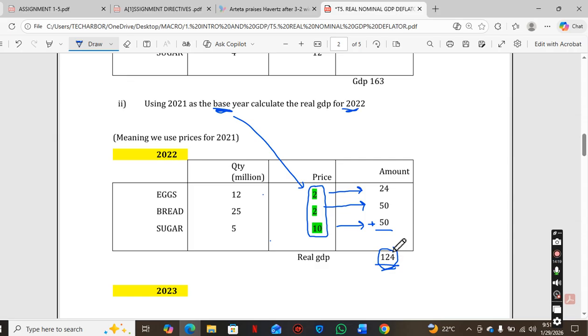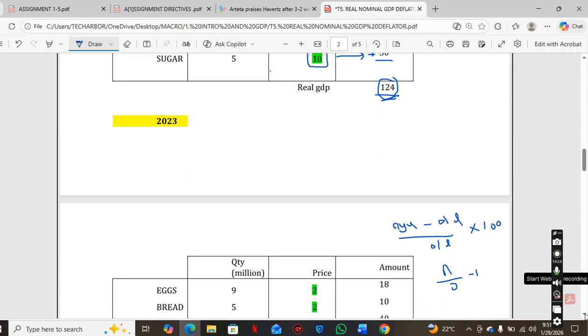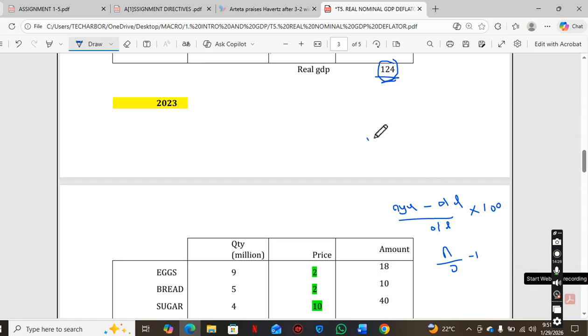So the new is 124 minus the old 110, over the old 110, times 100.